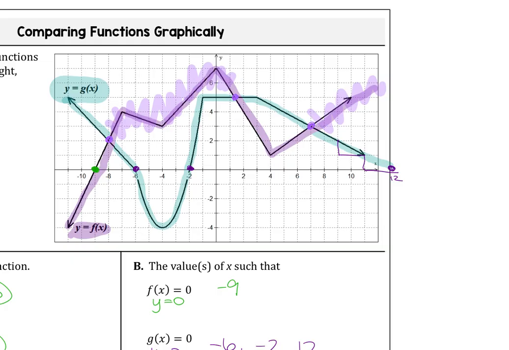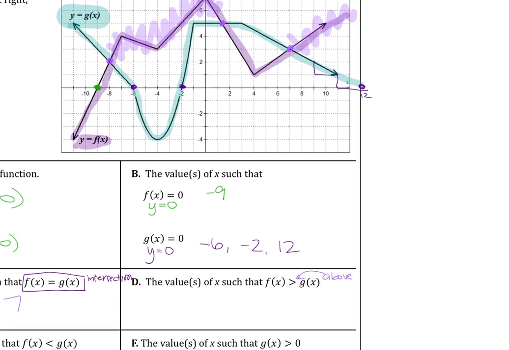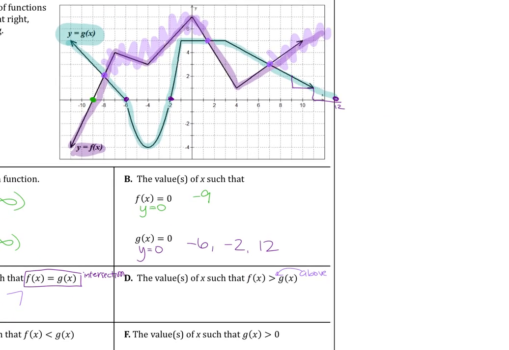Okay? That's where f is above. So we write it like an increase, decrease. Okay? So it's from negative 8 to 1.2 and 7 to infinity. Okay? That is where it is above.